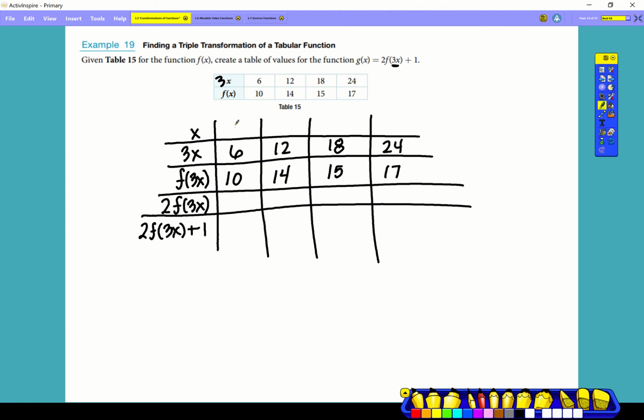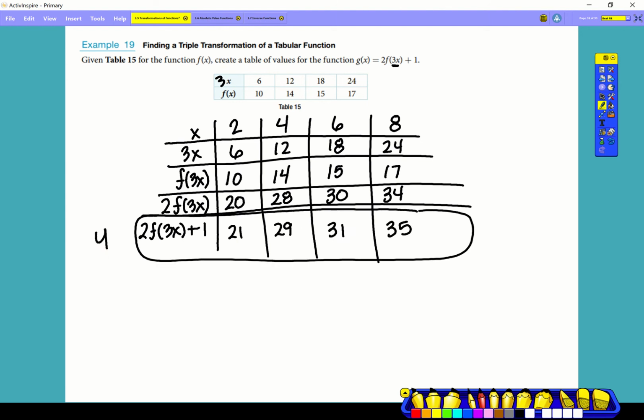So 6 divided by 3 is 2, 4, 8. And now we're going to multiply by 2. Now we're going to add 1. So these are our y values. Remember, and these are our x values.